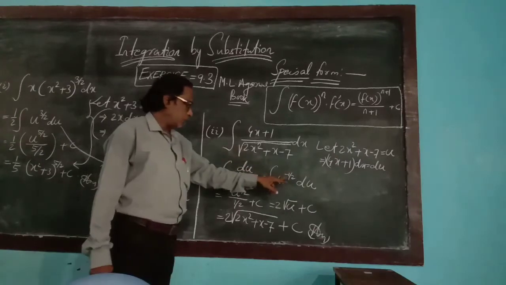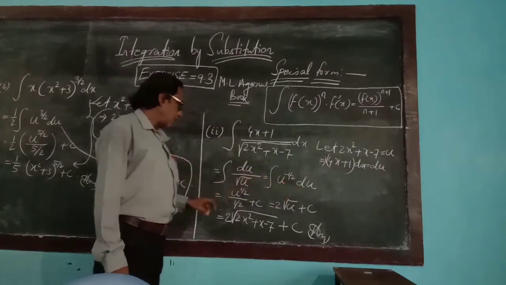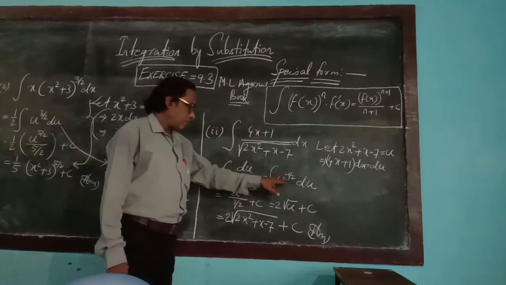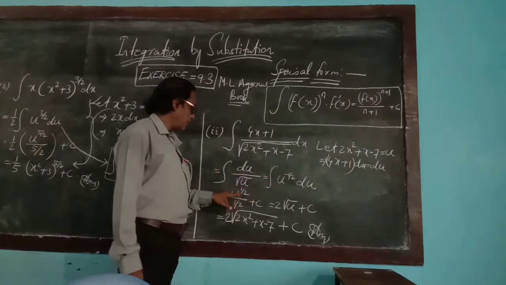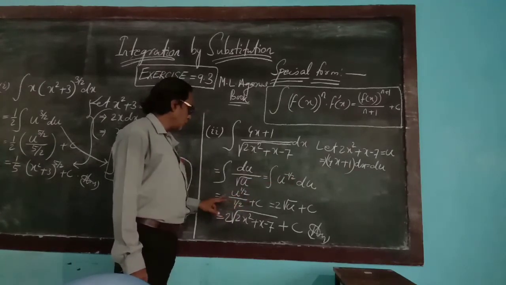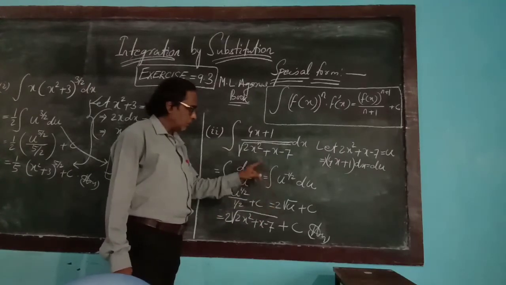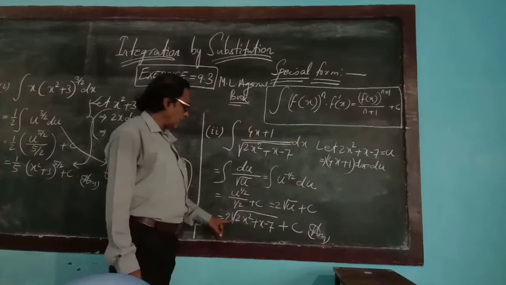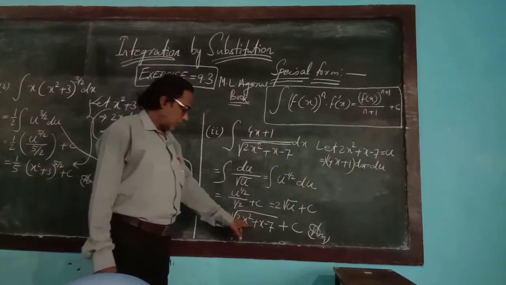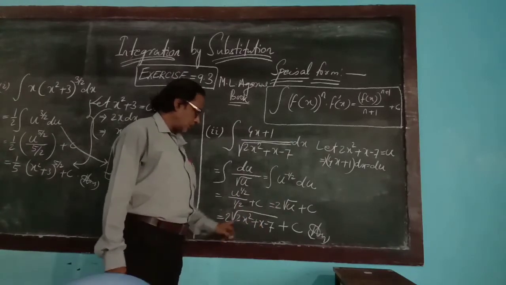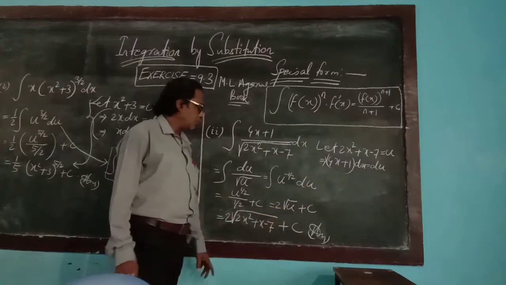I am writing here u to the minus half du. Then apply the formula: u to the power minus half plus 1 will be u to the power half by half, and that will be 2 root over u. Now put the value of u, that is 2x square plus x minus 7. The final answer is 2 root over 2x square plus x minus 7, plus c.